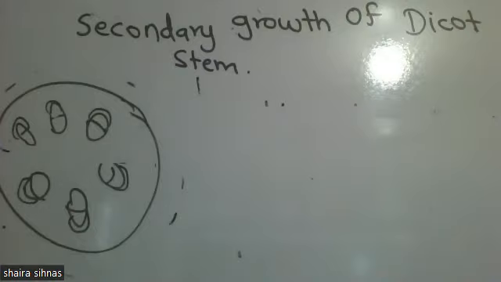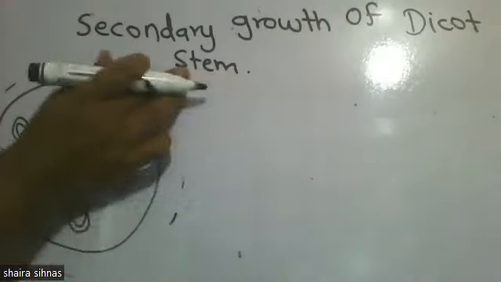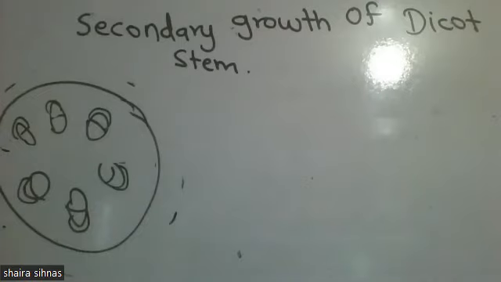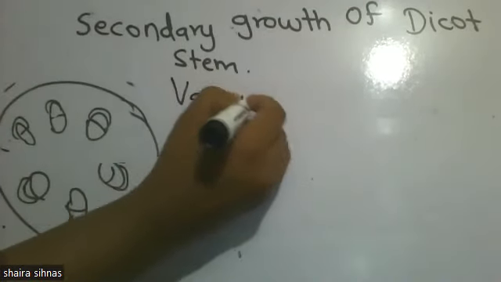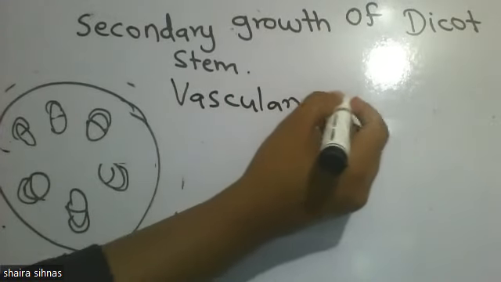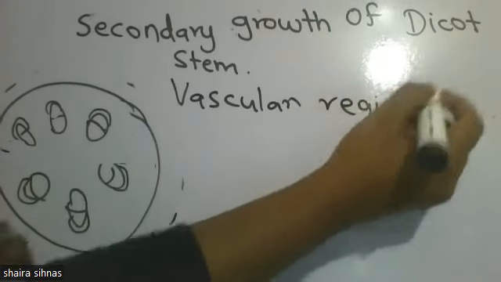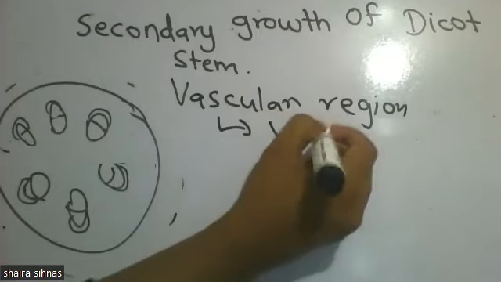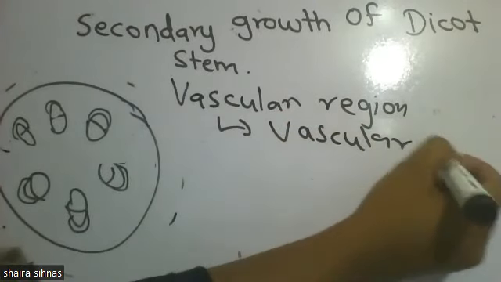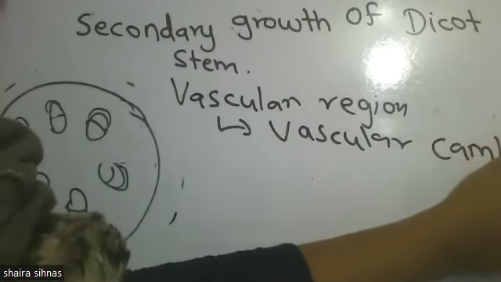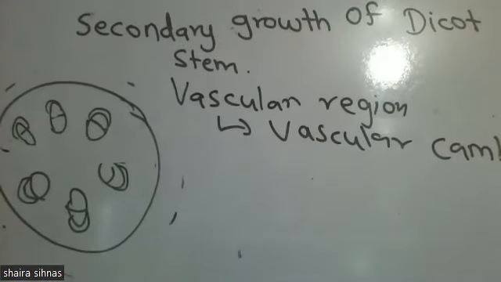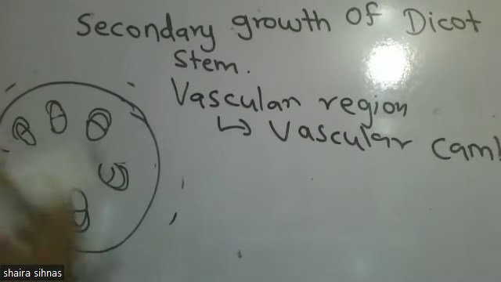Now see, I told you 2 regions. The first region we are going to see is the vascular region, where it is going to produce a vascular cambium. In this place only it is going to happen. Now see, these are the vascular bundles.